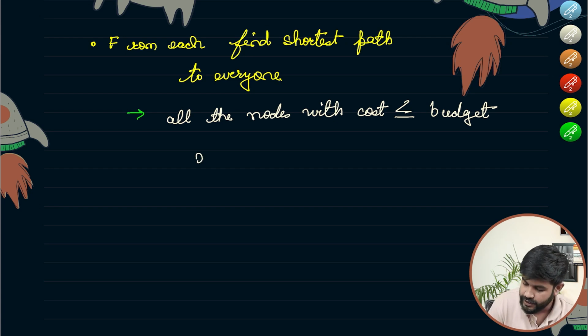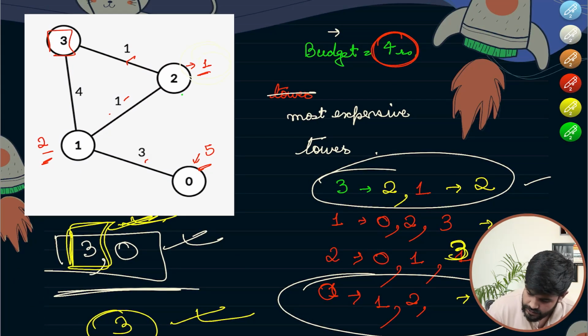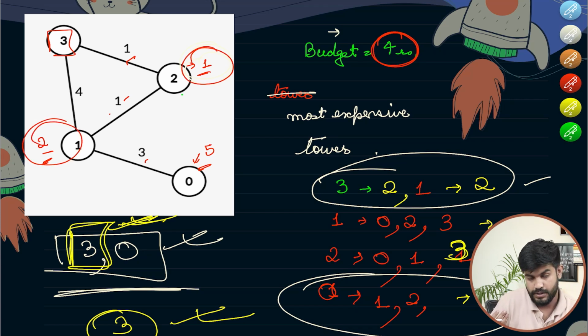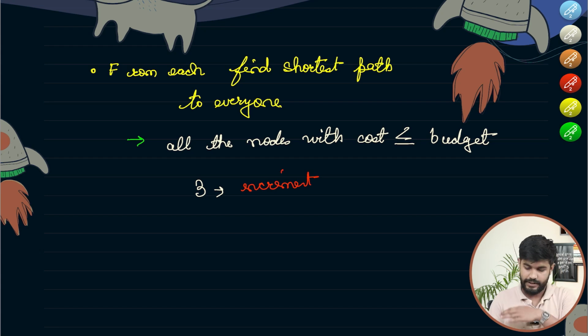Like for 3, if I have 2 nodes whose cost is less than the budget, the value would be incremented. So for 3 the value would be 2.